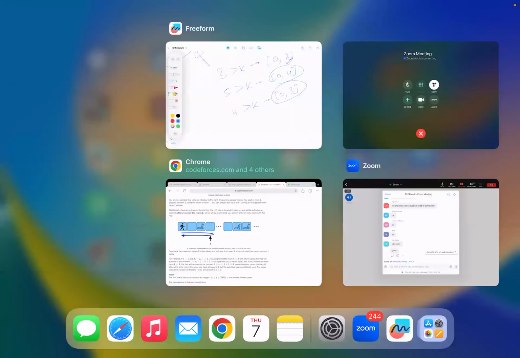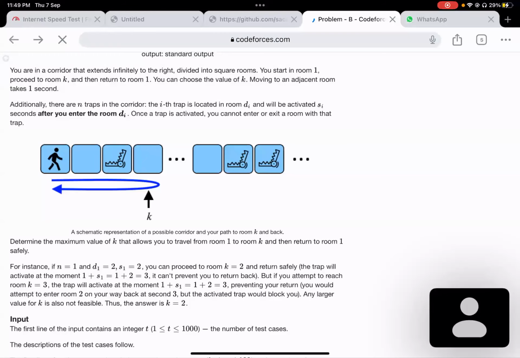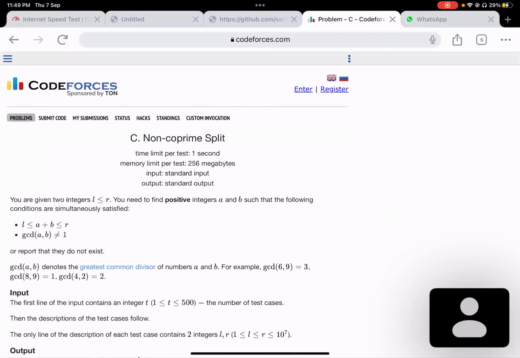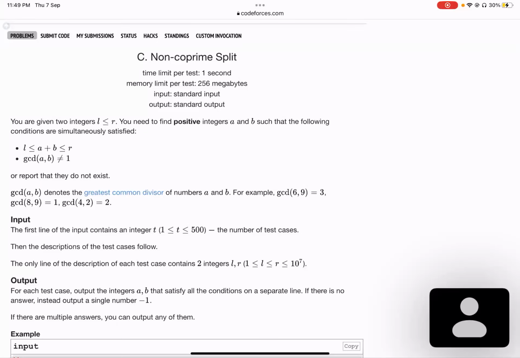Let's start with question number 3 then. Okay. Now the question is saying you are given two integers L and R such that L is less than equal to R, and we need to find positive integers a, b such that L is less than equal to a plus b less than equal to R, and the GCD is not equal to 1, right?